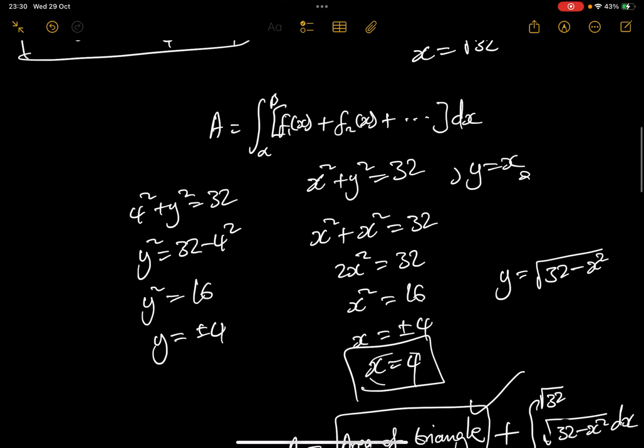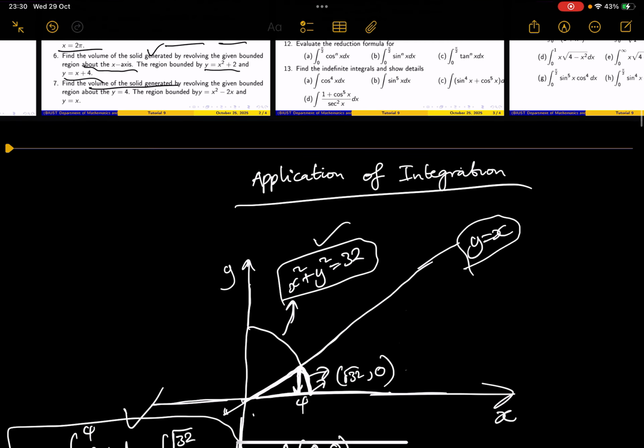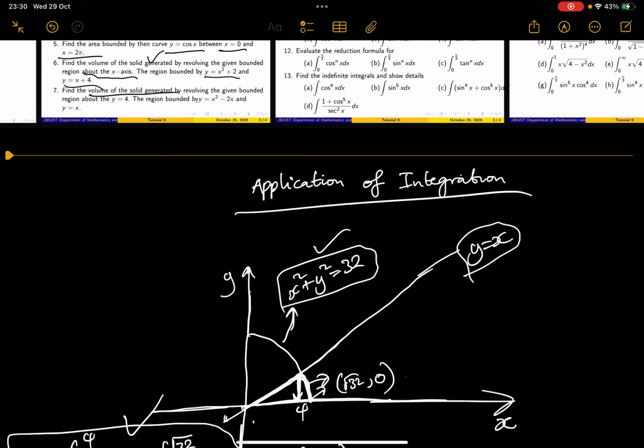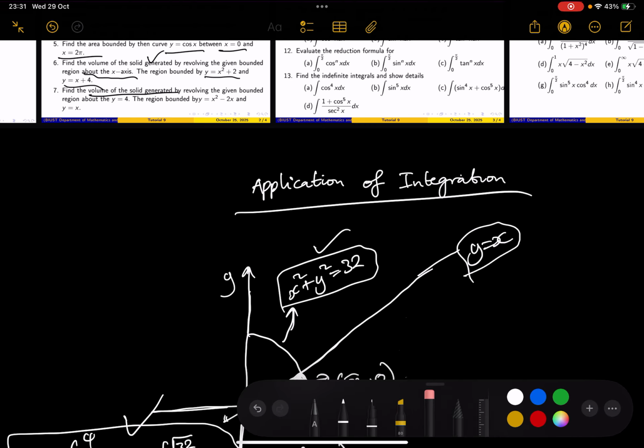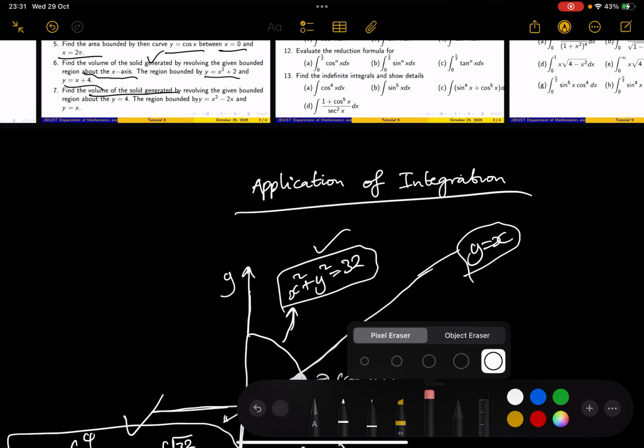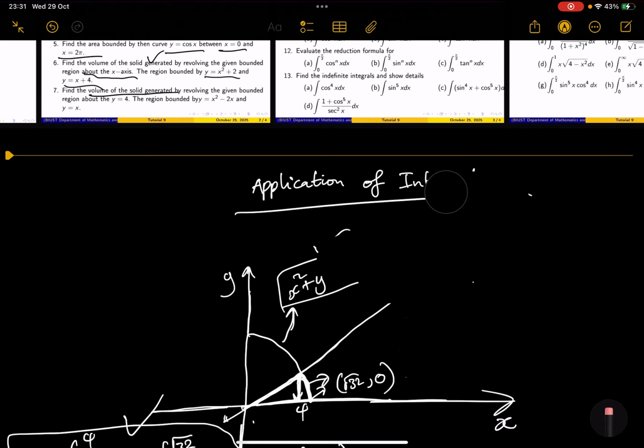So again, you need to sketch. Let me try to erase some of this so I can create more space.